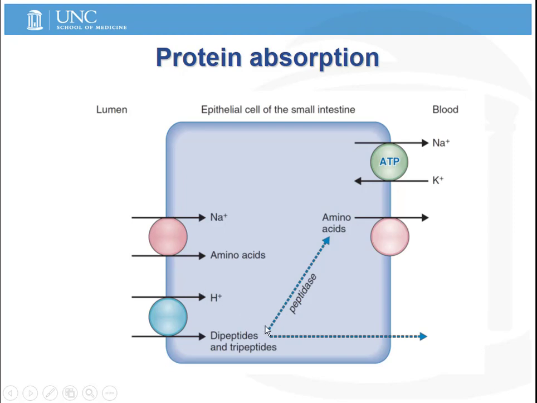Then once inside the enterocyte, most dipeptides and tripeptides are further broken down by some cytoplasmic peptidases into free amino acids. And then all of the free amino acids can be transported across the basolateral membrane through multiple transporters by facilitated diffusion. There may be a few remaining di and tripeptides that can potentially be absorbed unchanged as well.